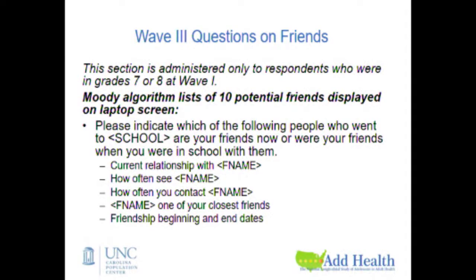So instead, we asked Jim if he would create an algorithm that would predict who their friends might have been, based on who their friends were and all the characteristics of those friends: the school activities, their ages, where they live.